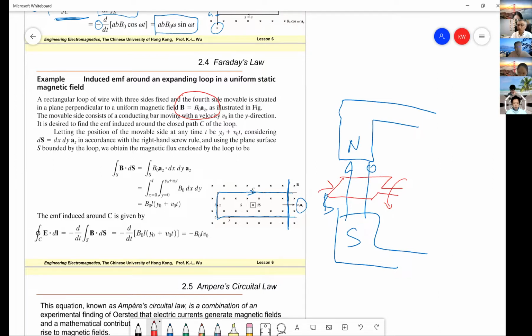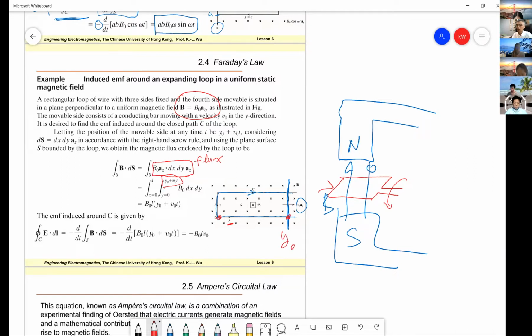In this case, we still calculate the flux first. When we substitute the integration limit along the y direction, it is from 0 to some place. This is my starting point.